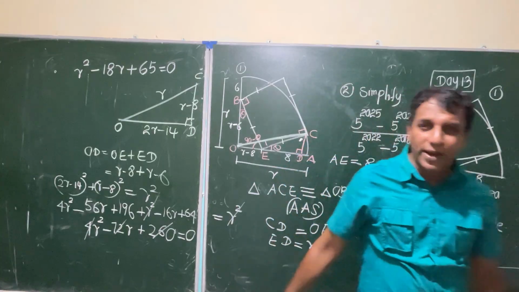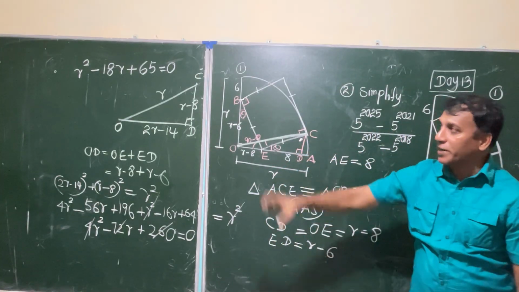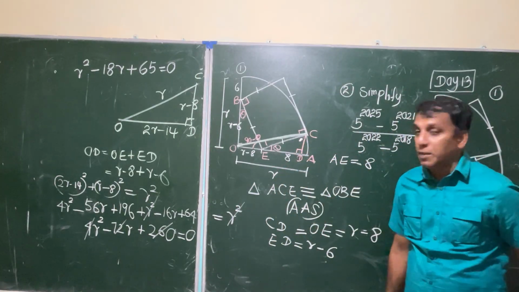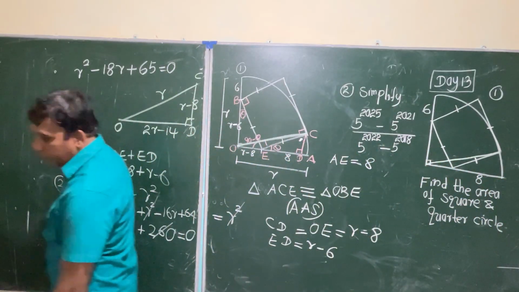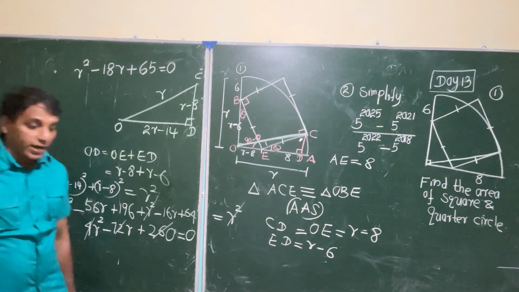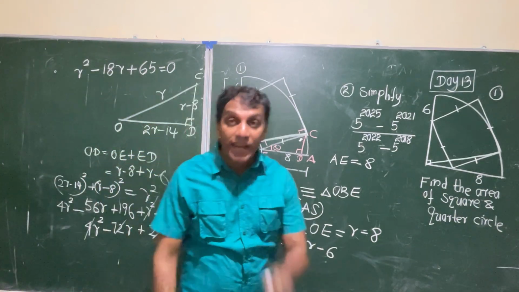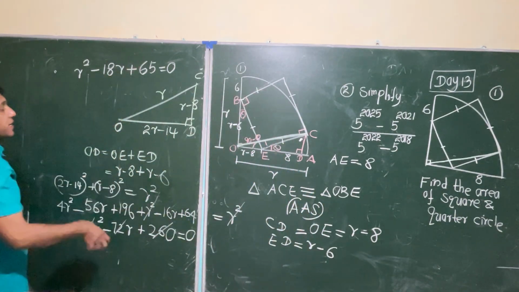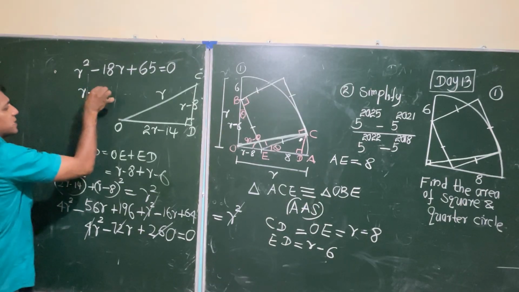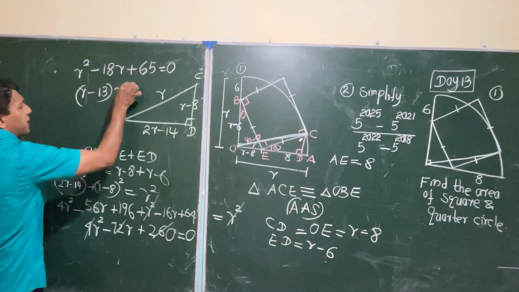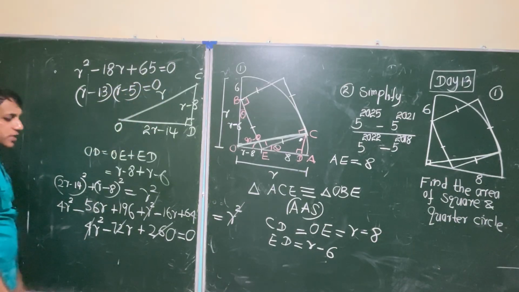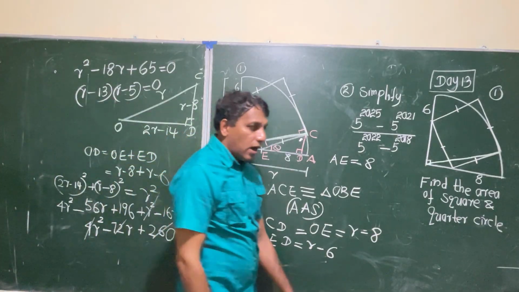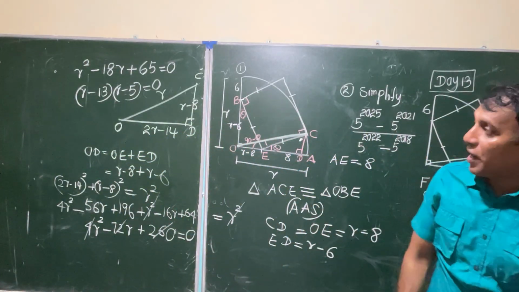A grade 9 10 local exam question: R squared minus 18R plus 65, find the factors. Factorize. You know the factors are 13 and 5. So the answer is R minus 13, R minus 5.